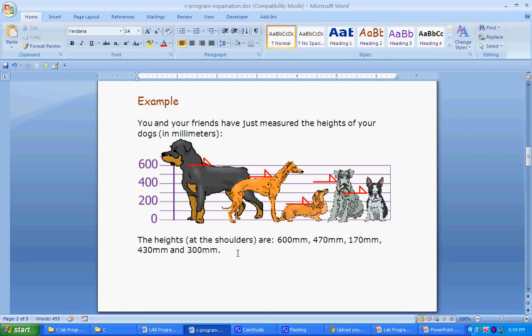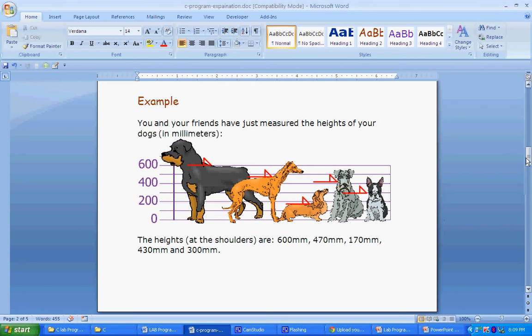Now, once we have the size of every dog, we have to identify which dog has the normal height, which has above normal height, and which has below normal height. That is, which dog is the tallest, which is the shortest, and which has the normal height. Then how do we identify what is a normal height?